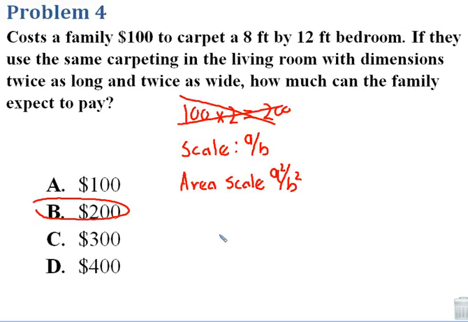So for this problem, no proportion that we need to set up. I suppose we can take the 8, double it, set up a proportion. But all I need to do is multiply by that scale factor. So we'll take the 100, and I'm going to multiply that by 2 squared. So in other words, 100 times 4, which will give us $400.